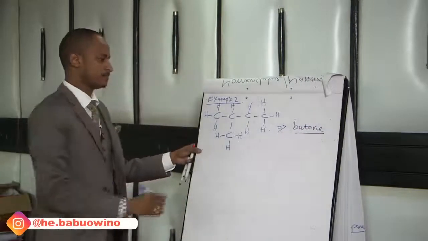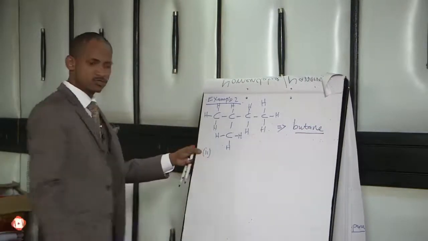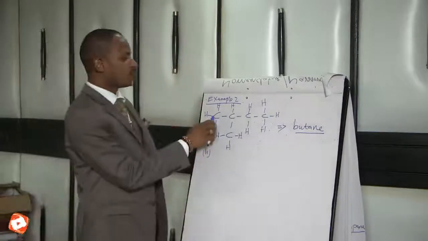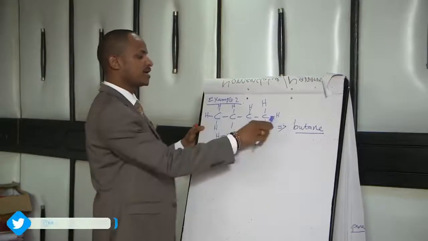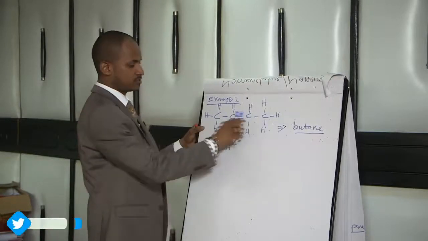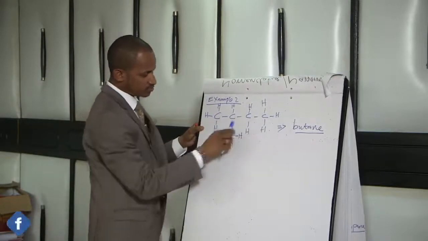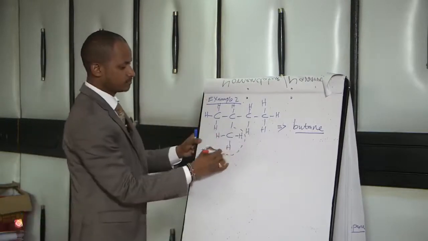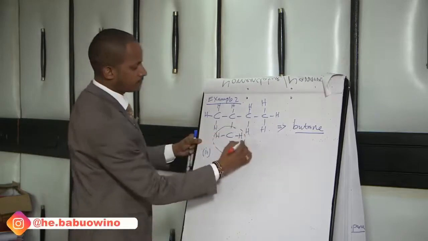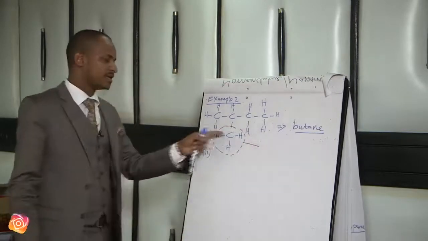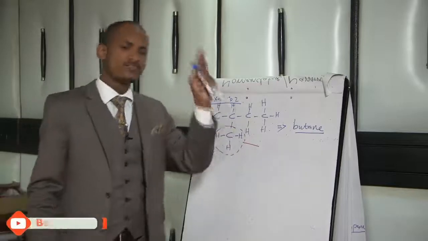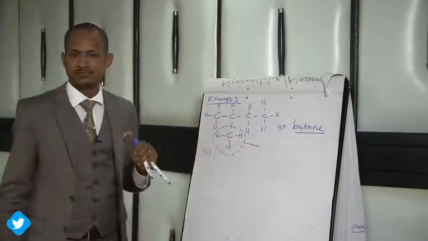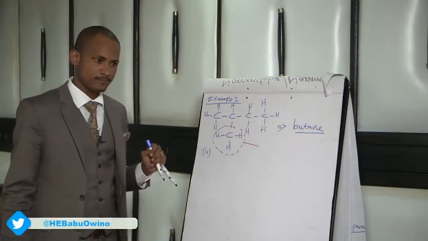Step number 1. Step number 2, I told you to write down: anything else which is not on the longest continuous carbon chain is called a branch. So this is not here, so it is a branch. Identify that branch. What is the name of this branch? Again, it has 1 carbon atom with 3 hydrogen atoms, 1 less from the parent alkane.